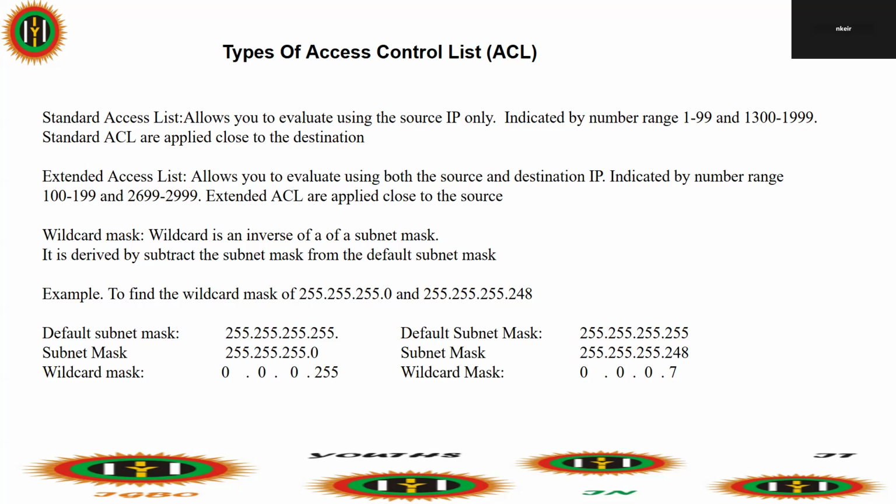And how does the system know you're configuring a standard ACL? It's by the ACL number that you specify. When you're configuring the ACL, you specify a number. If you specify a number between 1 to 99 and 1300 to 1999, the system will automatically know that you are setting up a standard ACL, and it will only prompt you to specify a source IP address without the option of a destination IP address.